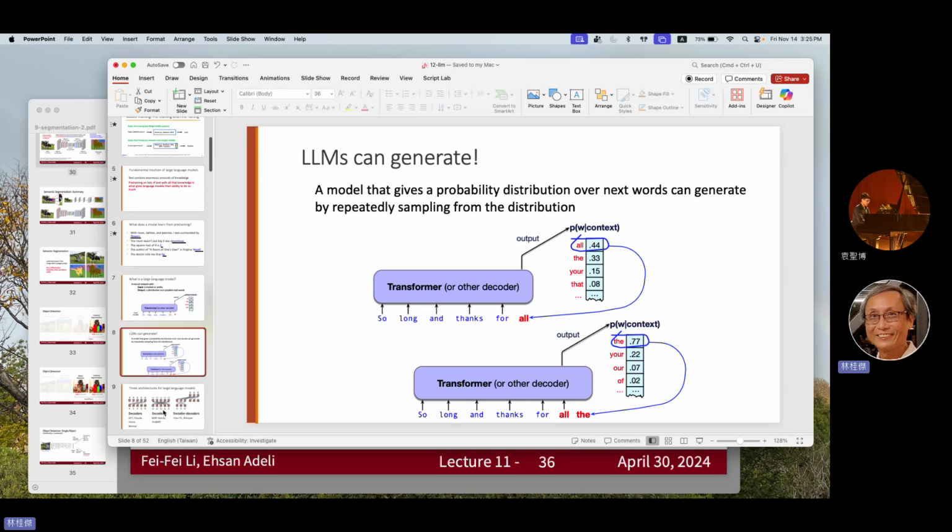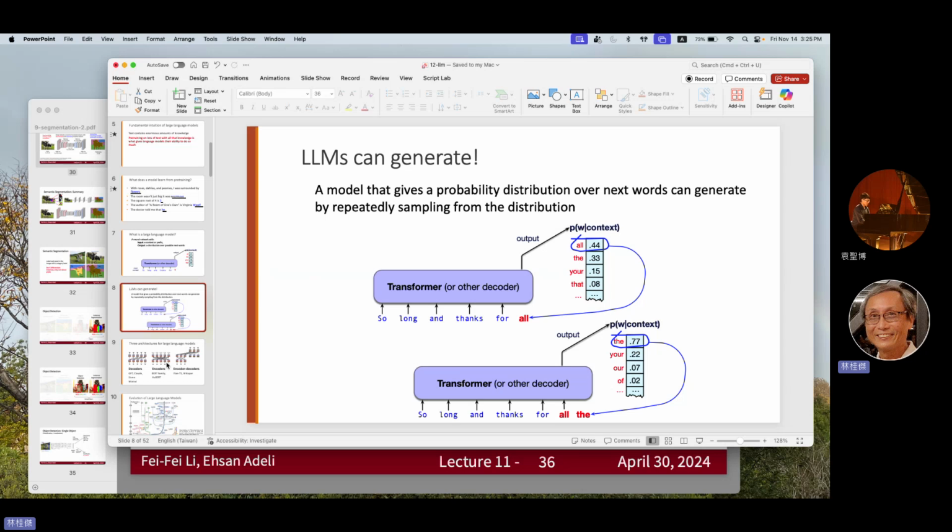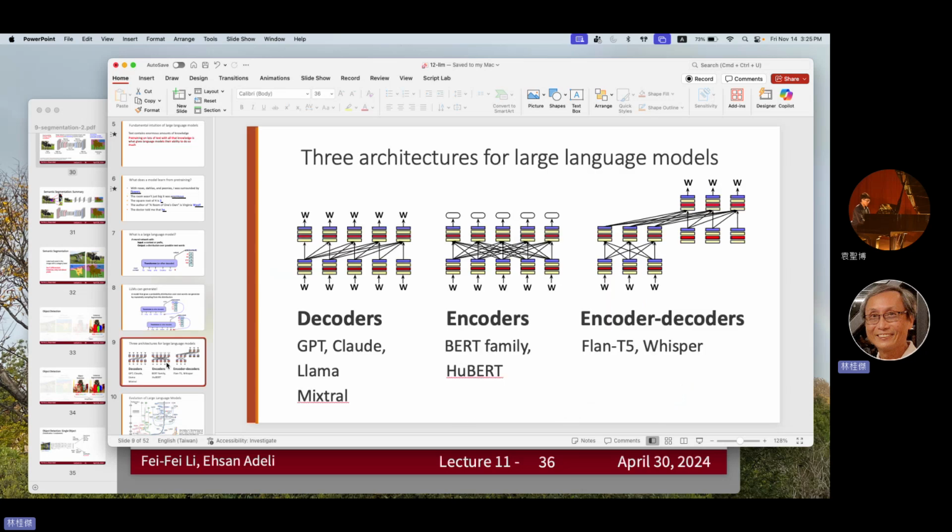In general, the LLM can have three different types of architectures. One is what we call an encoder, another is a decoder, and also something that is encoder and decoder.